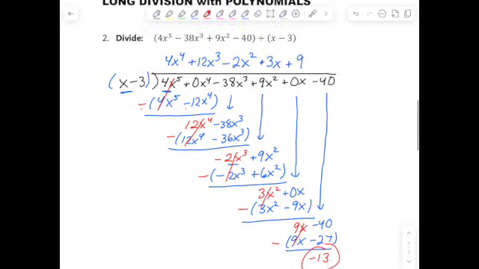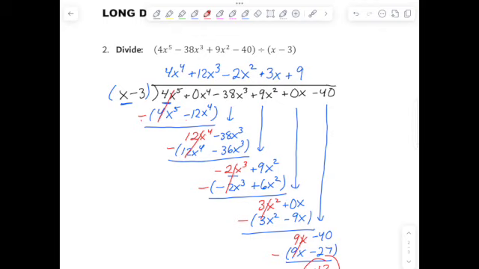Sometimes people will take a little bit of a lazy way to write your final answer and just tack it on to the top, plus negative 13 over your divisor of x minus 3. And it should be noted, of course, that instead of writing plus negative 13, you could have just written minus 13 over x minus 3.